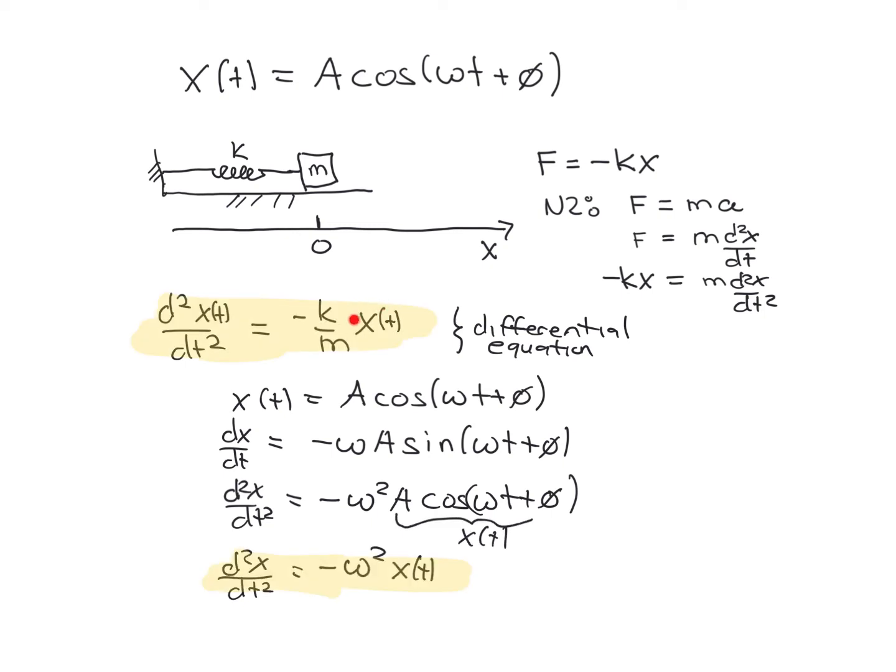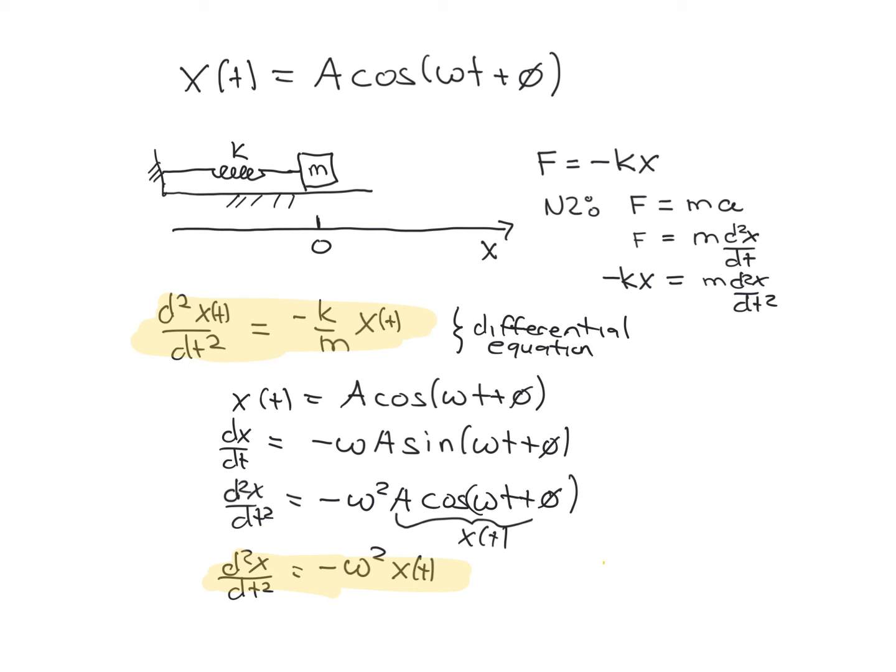So we were looking for a function that would satisfy this equation. This is the equation we got from Newton's second law applied to the mass in the spring system. We guessed that a function of this form would do, and we showed that if you choose a function of that form, it works, provided omega squared is equal to k over m. That's the only thing that we need to get it to work.